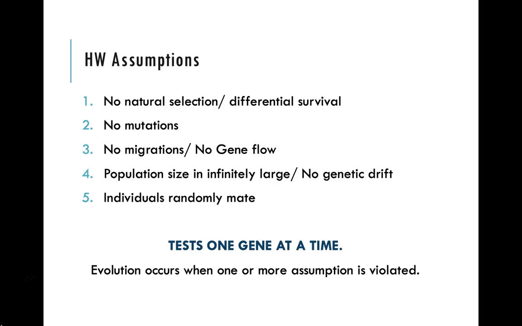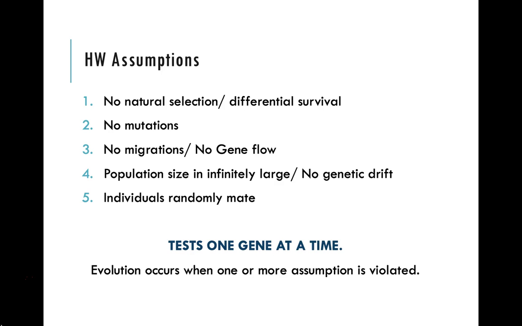But maybe at the same time, those birds are being selected for their wing coloration. Just saying that one trait is not evolving does not mean that the entire population is not evolving somehow, because there's always probably some trait that is being selected for or acted upon by chance.